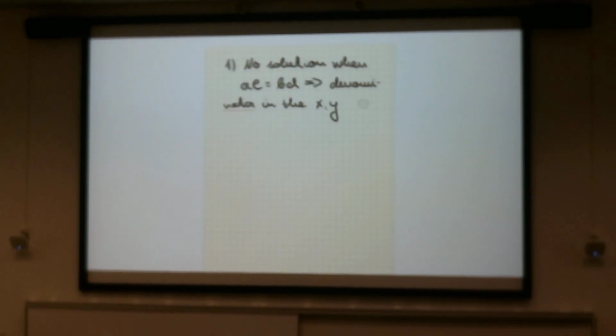Let me write this into another line. So this is an example where you can immediately say that there is no solution. For instance, in the exam, I put forward an example and I tell you to solve it, but if you recognize this, then you can immediately tell me that there is no solution.